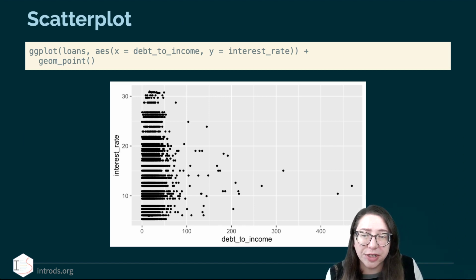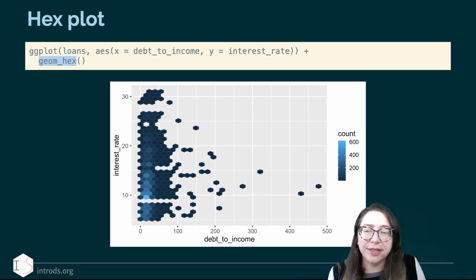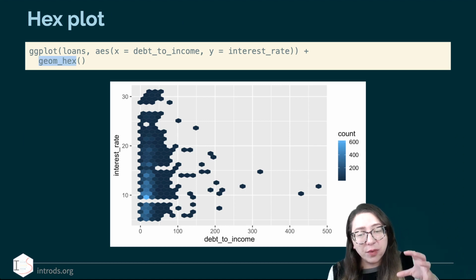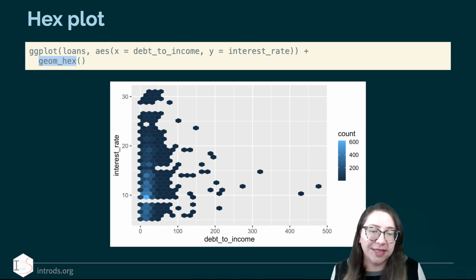So what I'm going to do is first bin these data. Instead of using geom_point, I'm using geom_hex now, which is basically going to group together data within certain areas in my plot, and the color of these hexes tells me how dense my data are.